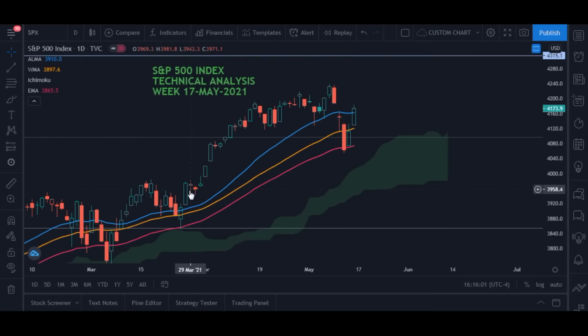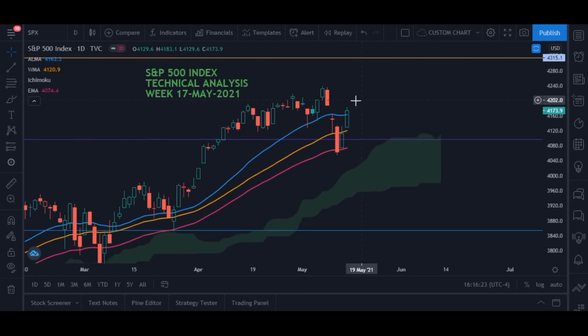So this is a good sign that the market understands the risk, and it is showing its intention to come into the correction.